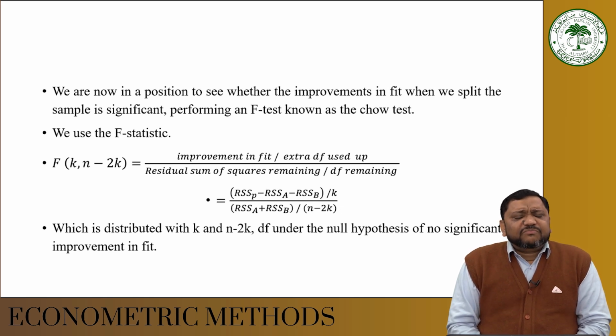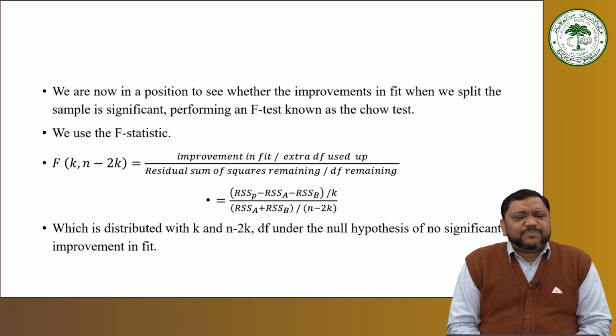So in the Chow test we use this formula. The structure of the formula is the improvement in fit divided by the extra degrees of freedom used up, divided by the residual sum of squares remaining divided by the degrees of freedom.